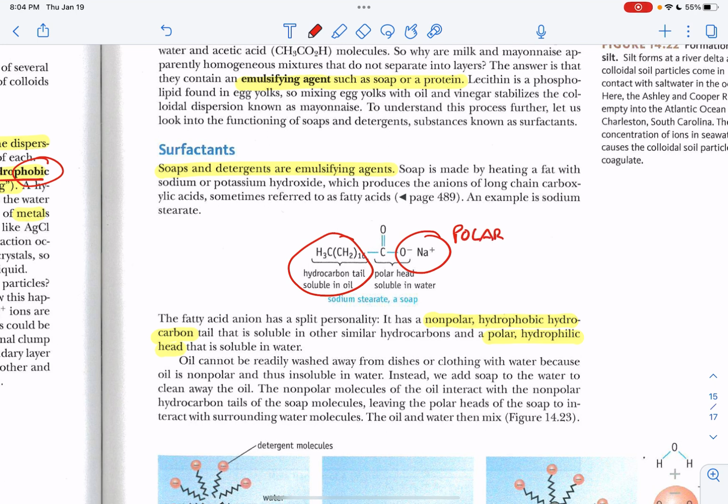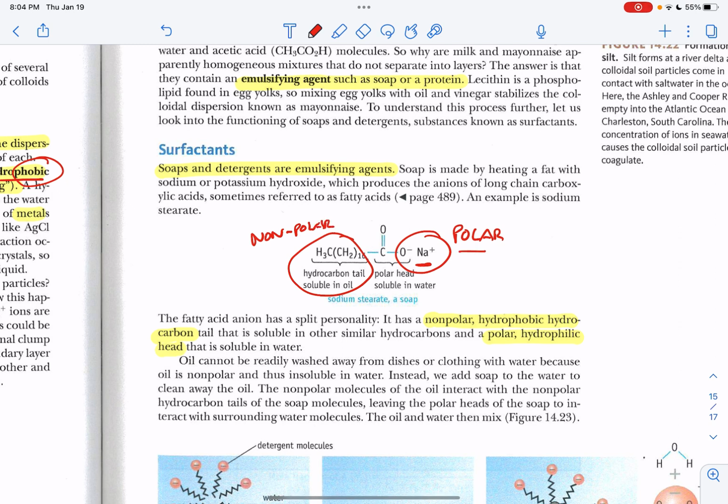So this polar end is polar because it has an ion connected to it. Sodium, or in the case of some other detergents, let's say potassium or something. And then this end over here is nonpolar. It's a big, long carbon chain with hydrogens branched off of it.